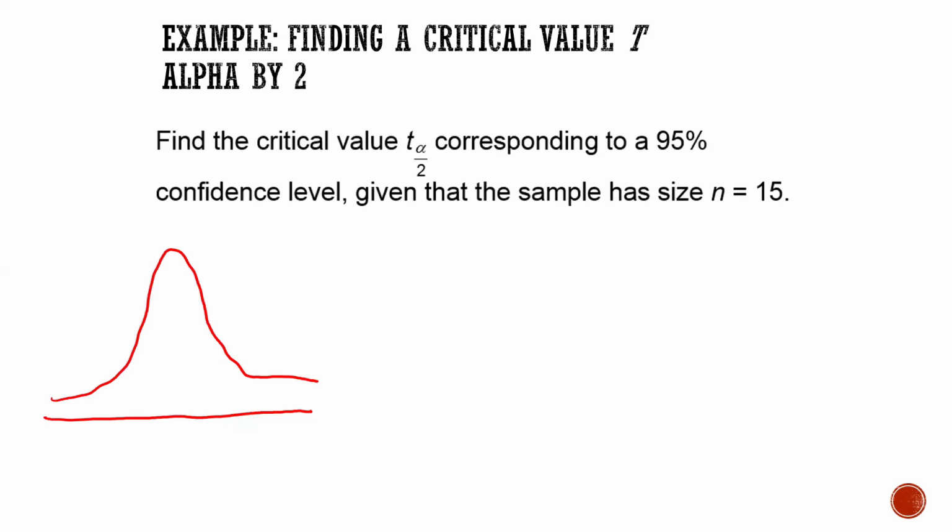And it's symmetric. This one's 95%, so that 95% is the area in the middle. Which means what's the rest of the area? The rest of the area is 0.05, that's the area in two tails.